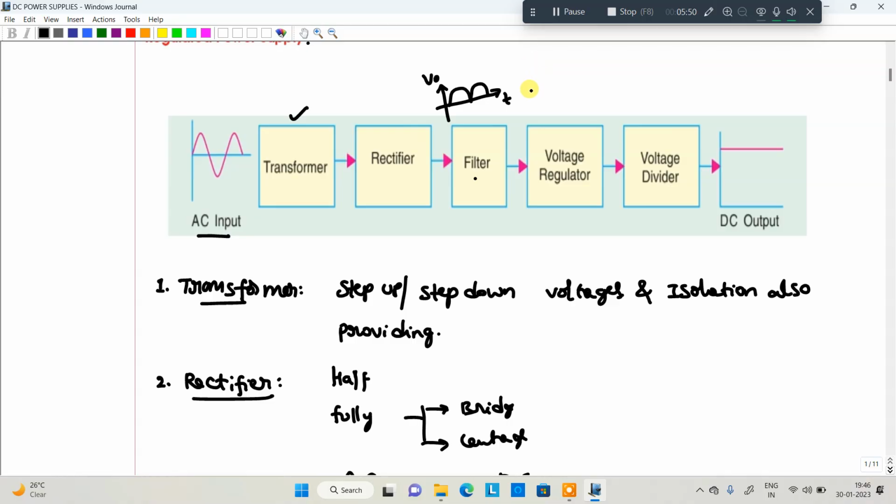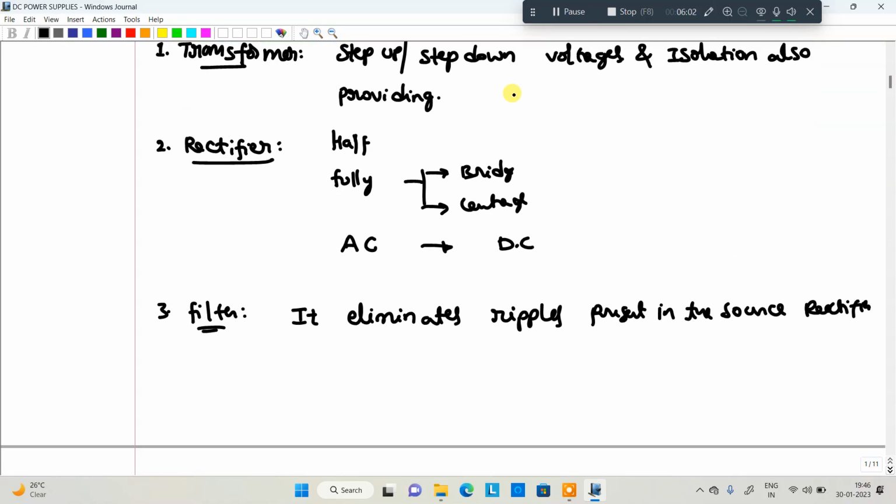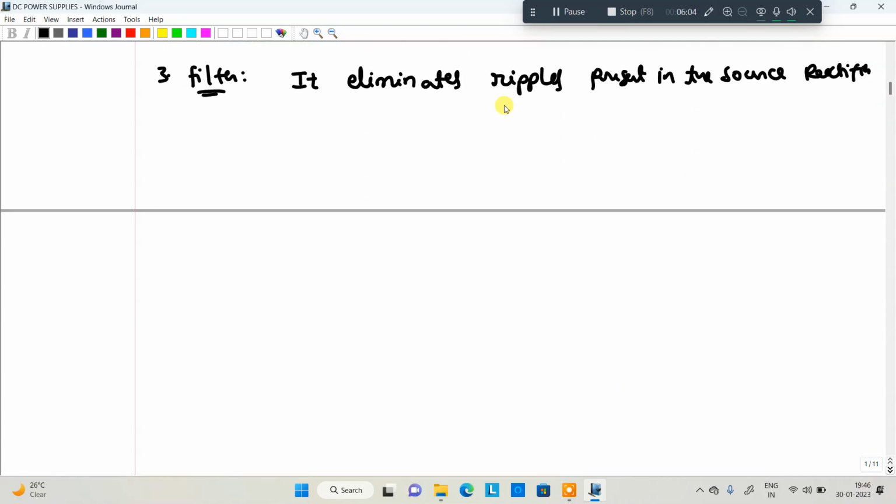So what you finally get from the filter is some DC value with minimum ripples present in the output of the filter, and that is connected to the voltage regulator. So what exactly is the voltage regulator doing? The voltage regulator regulates or maintains a constant voltage.